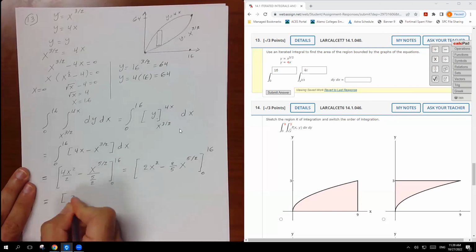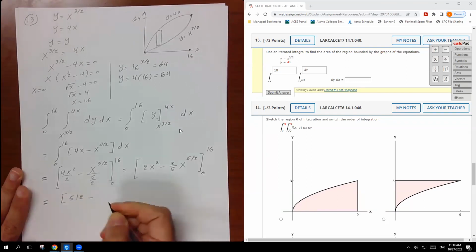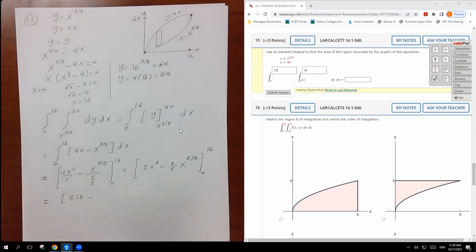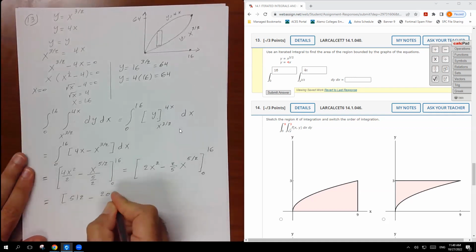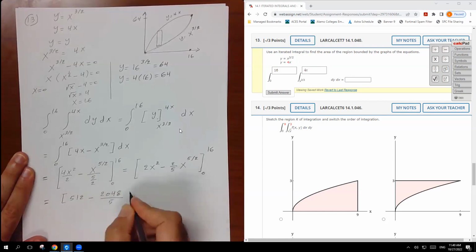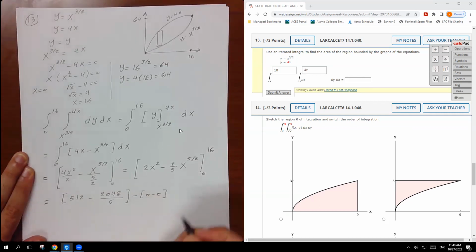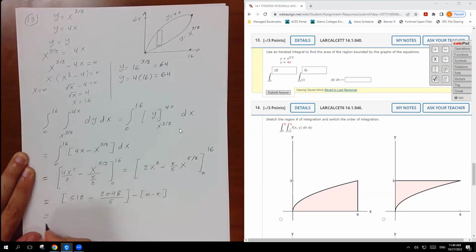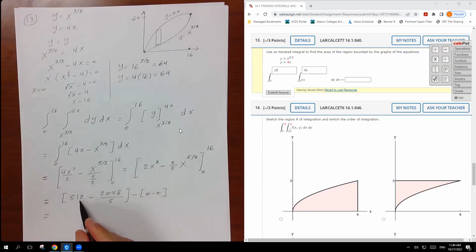So the first number is 512 minus 16 to the power 5/2 times 2, which is 2048, divided by 5. And now minus, this is 0 minus 0, the double bound. I'm going to multiply by 5, so 512 times 5 is 2,560 minus 2,048.